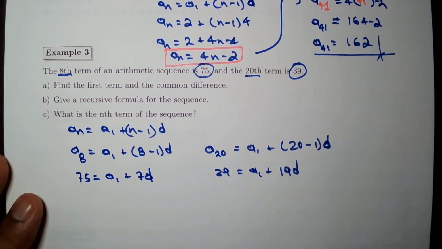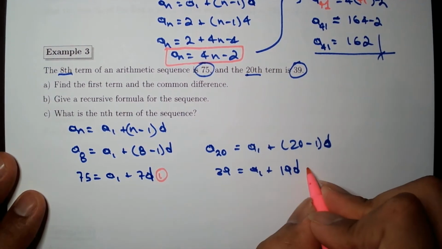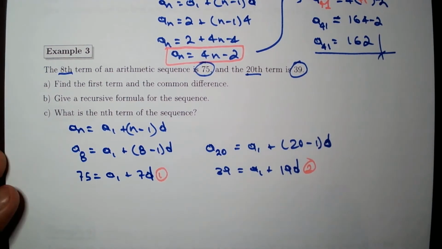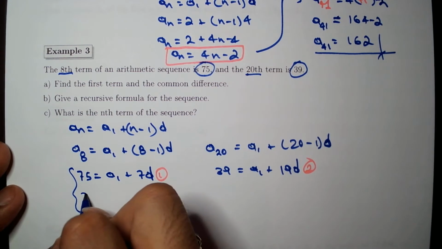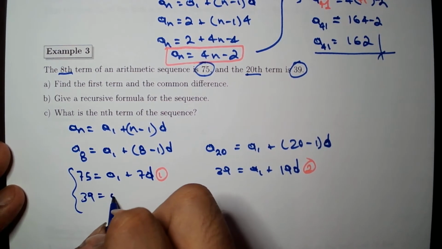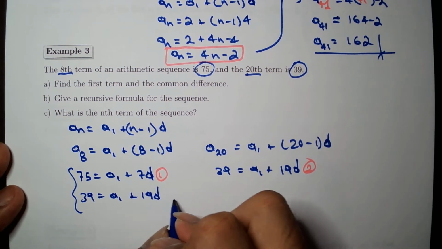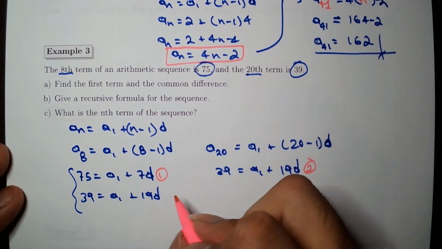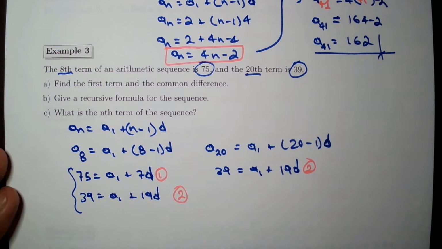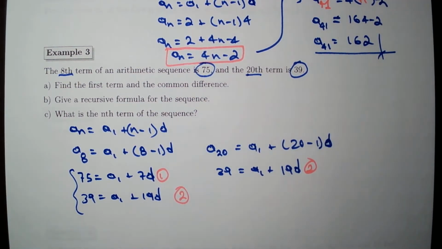So we can combine these two together, 1 and 2, and solve a system. Actually, let me put it down here. So that's 39 equals a1 plus 19d, and that's our second equation, if you will. This one is really easy to solve by elimination if you think about it well.